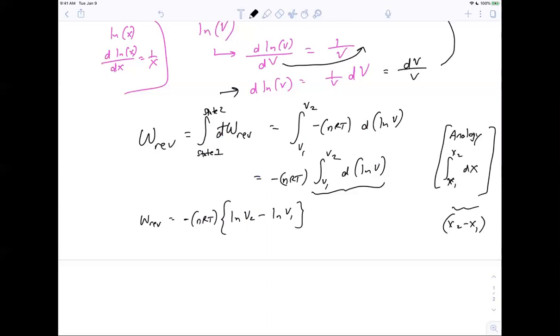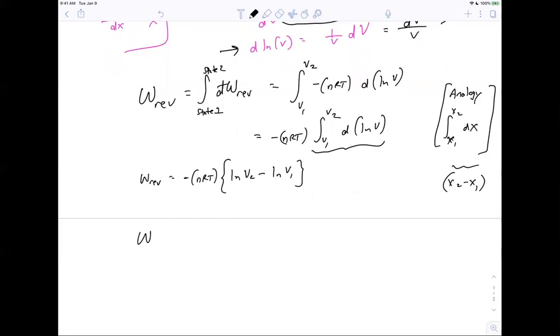So it's not natural log of the quantity V2 minus V1, it's natural log of V2 minus natural log of V1. And then we can further simplify this: minus nRT natural log V2 over V1.